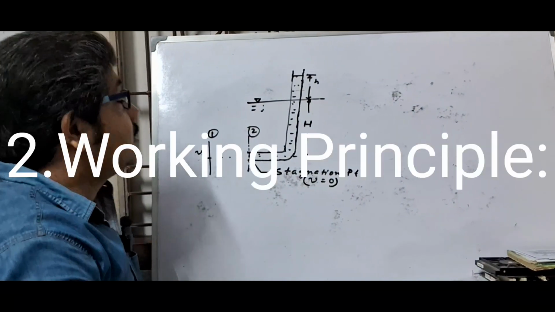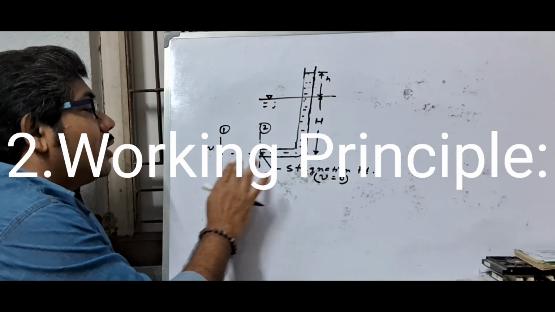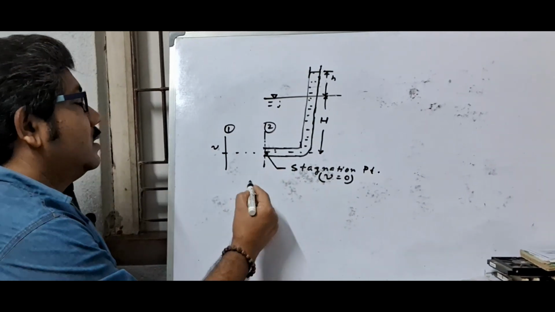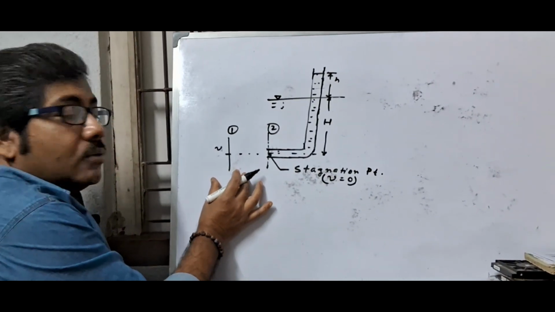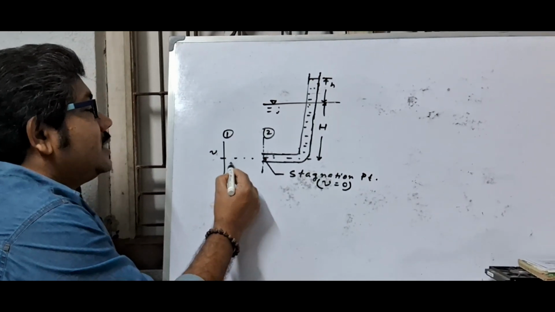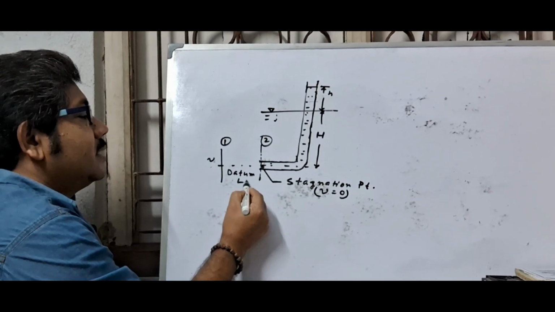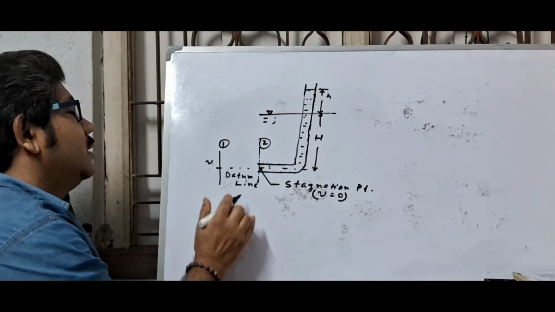Now the working principle, applying Bernoulli's equation at 1 and 2 section. Total head at 1 section, if you consider this is datum line, this center line is datum line.